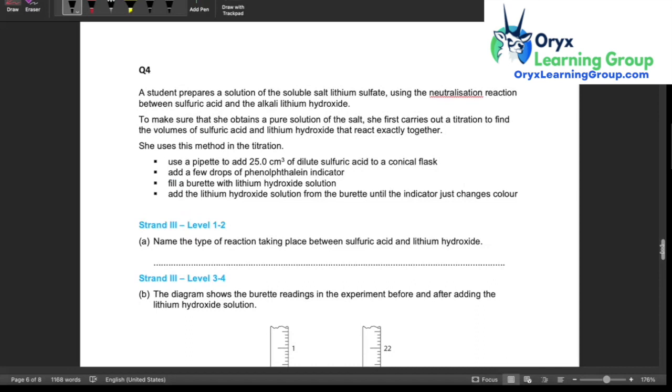Yes, does anyone want to volunteer to read this question? A student prepares a solution of the soluble salt lithium sulfate using a neutralization reaction between sulfuric acid and the alkali lithium hydroxide. To make sure that she obtains a pure solution of the salt, she first carries out the... sorry, miss. It's okay.